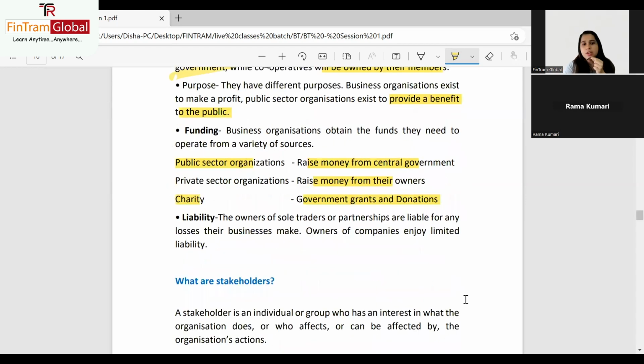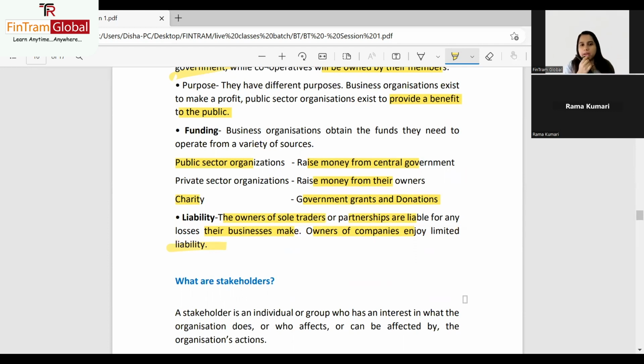Then the liabilities are, of course, also different. The owners of sole traders or partnerships are liable for any losses that their business makes, and owners of companies are going to enjoy limited liability, because as we saw, companies have a separate legal identity. That's why the owners are not going to be bearing all the losses.